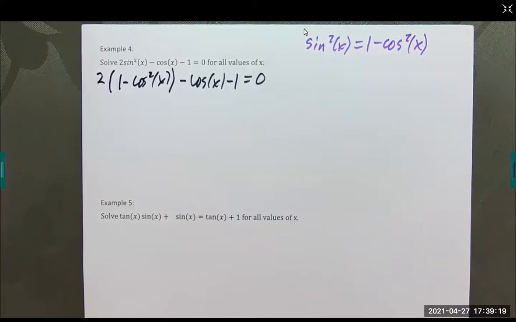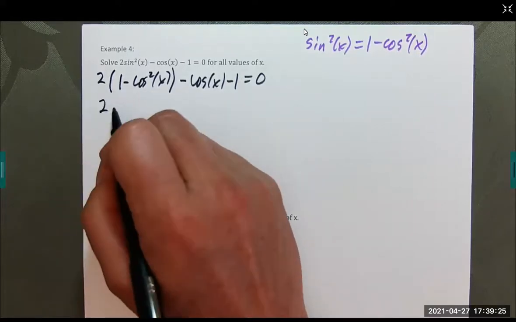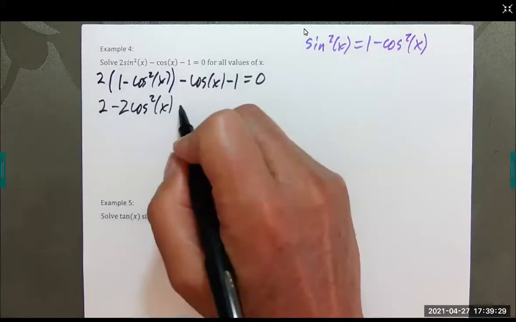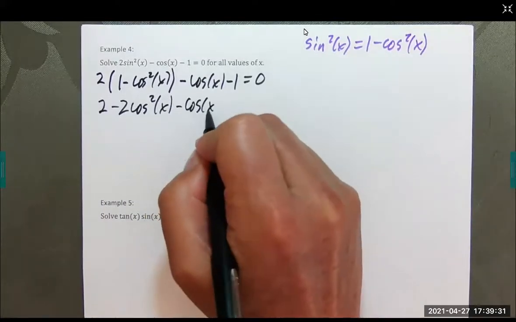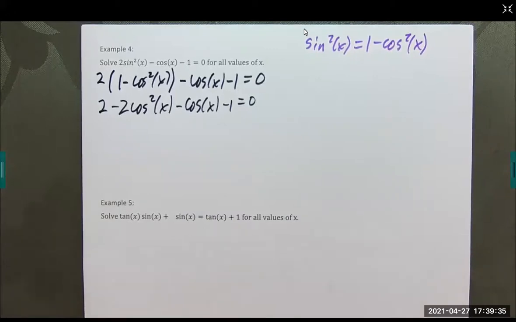And now I need to kind of put it together. So I'm going to distribute the 2. Now I'm going to combine my like terms.